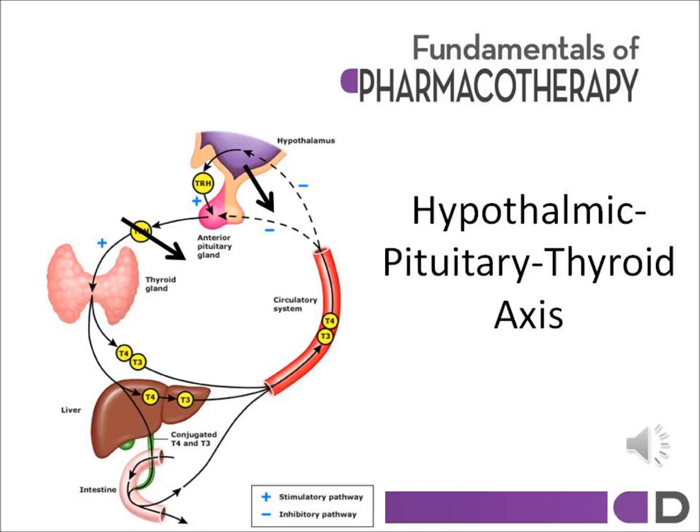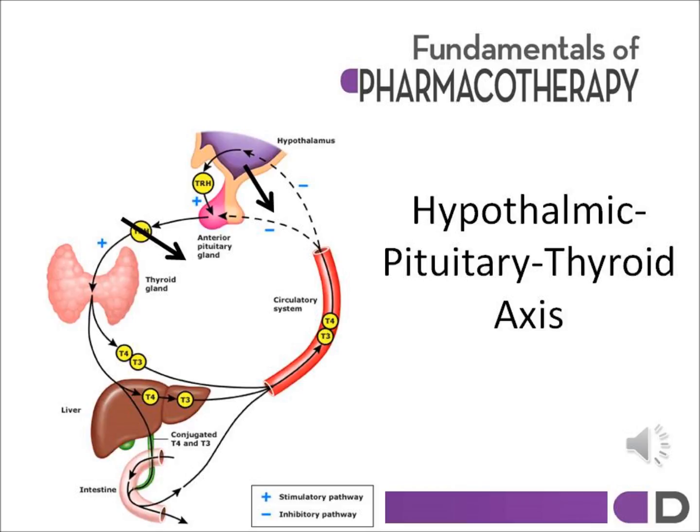The thyroid gland does not work independently in the body. The thyroid is part of the hypothalamic pituitary thyroid axis. This axis is responsible for controlling the release of thyroid hormones and controlling the thyroid levels in the body. So starting at the hypothalamus, which is located in the brain, the hypothalamus releases TRH, or thyroid releasing hormone, which then travels to the pituitary gland, which is also in the brain.